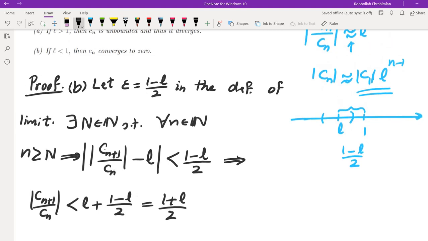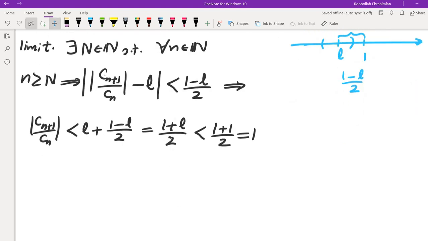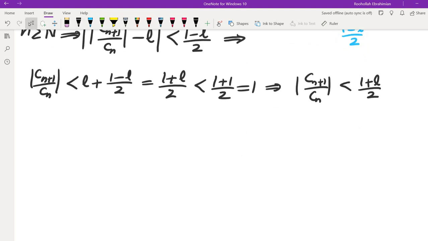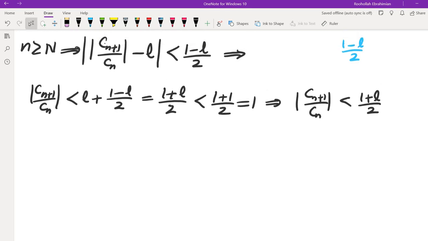Now, note that (1 plus L) over 2 is less than (1 plus 1) over 2, which is 1. So this tells us Cn plus 1 over Cn is less than (1 plus L) over 2. If you write these inequalities starting from capital N, C capital N plus 1 over C capital N is less than or equal to (1 plus L) over 2.